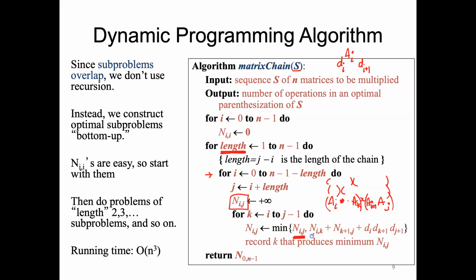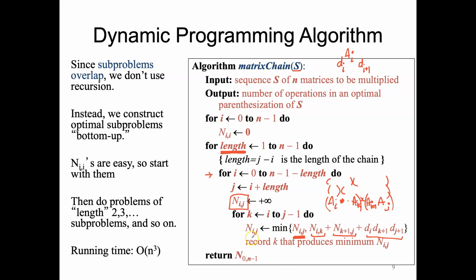This would be however much it costs to form the left matrix, multiplying A sub i all the way up until A sub k, however much it costs to form our right matrix, going from A sub k plus 1 up until A sub j, plus the product of the dimensions of those left and right matrices. So the dimensions of our left matrix here is d i by d k plus 1, and the dimensions of our right matrix is d k plus 1 by d j plus 1.